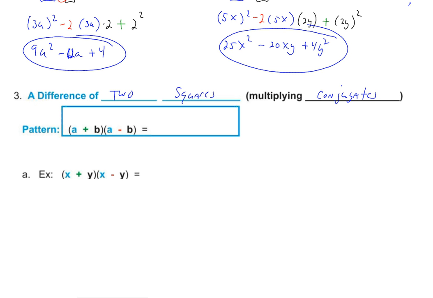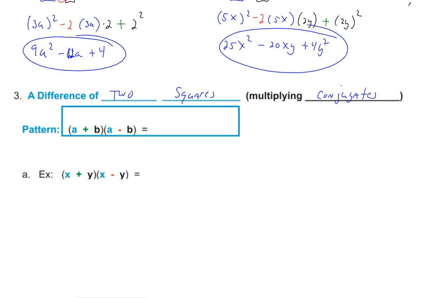So, for example, if you look here, here's a binomial. Its conjugate will be the same binomial, except the middle sign will be the opposite. So the left one is A plus B. Its conjugate is A minus B. When you multiply conjugates, you end up with the difference of 2 squares.